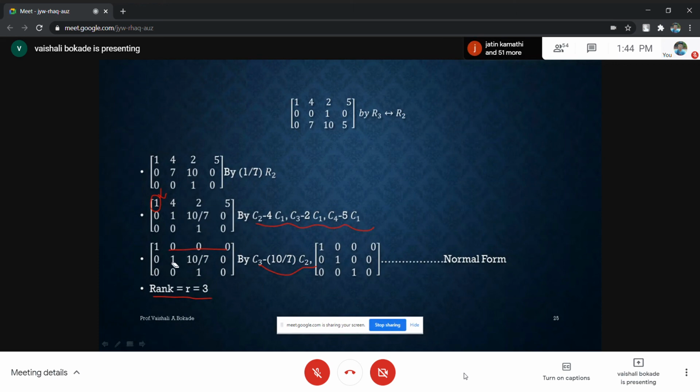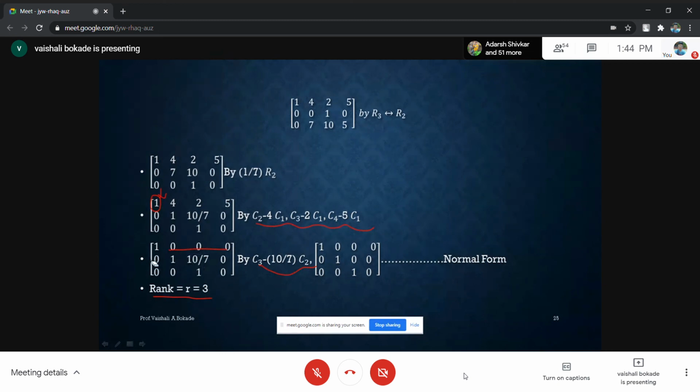In a similar manner, in R2, except at the 2,2 place, the other entries must be 0. For that, I am using C2. Elements of R2 except at the 2,2 place are converted to 0 using only C2.